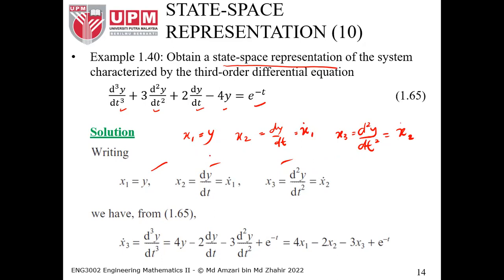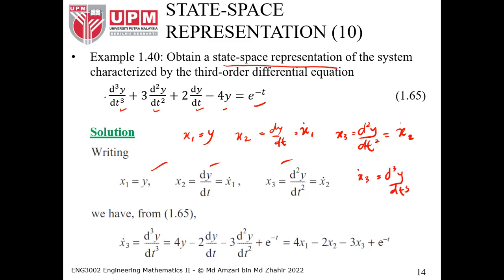What we need to do next is find x dot 3. We know that x dot 3 is equal to the third differentiation.